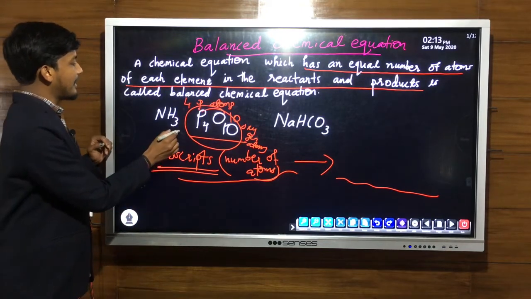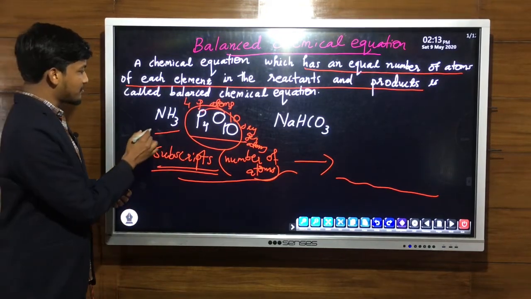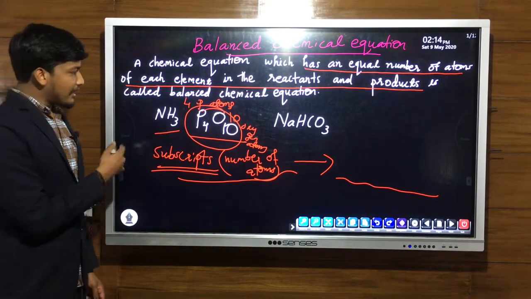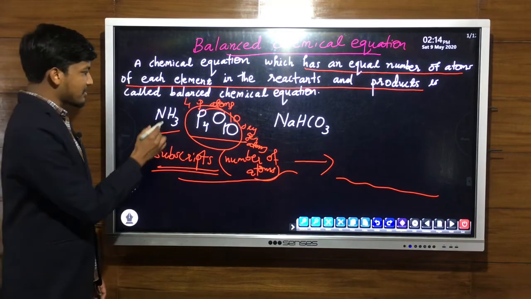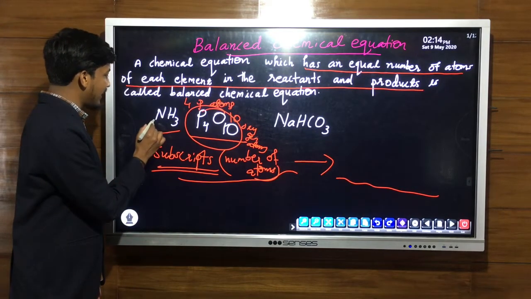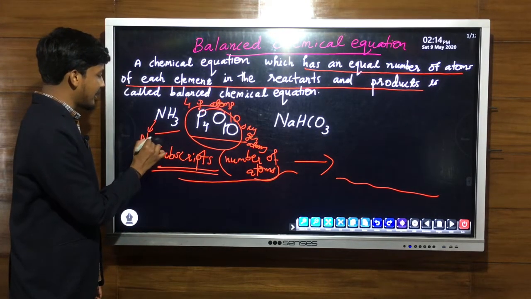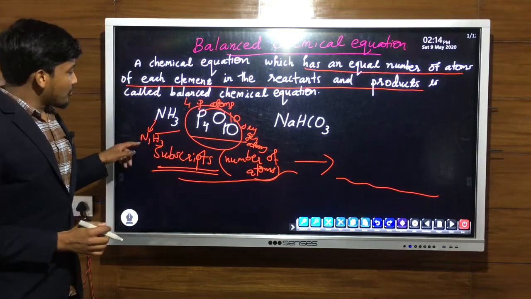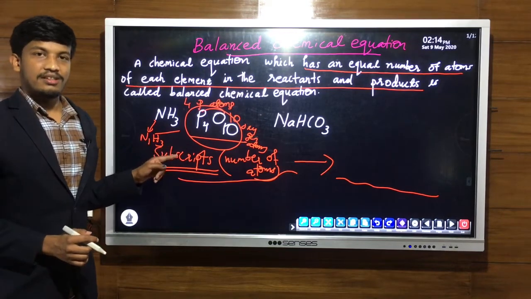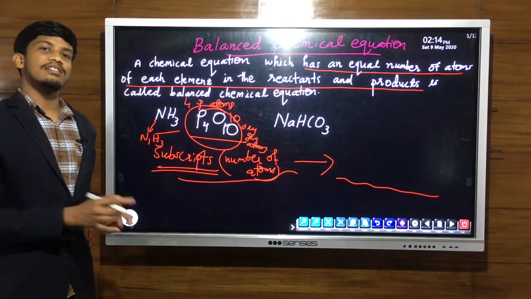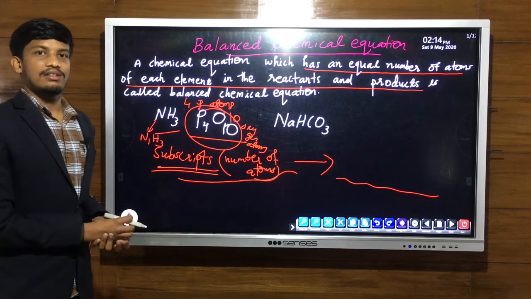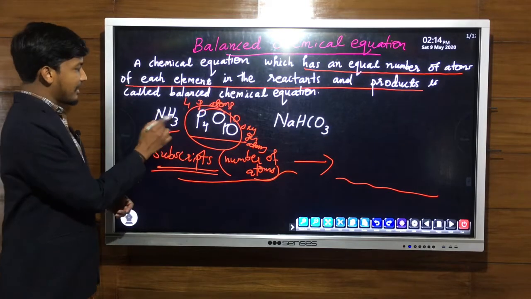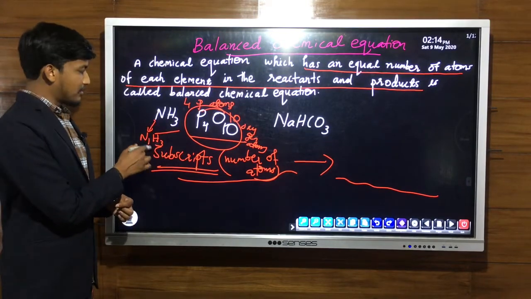Next one, NH3, ammonia. In this compound, with N there is no subscript. If there is no subscript, it means the number is 1. So NH3 is actually N1H3. Is it clear? If there is no subscript with any atom, that means the subscript is 1, so the number of atoms is 1.